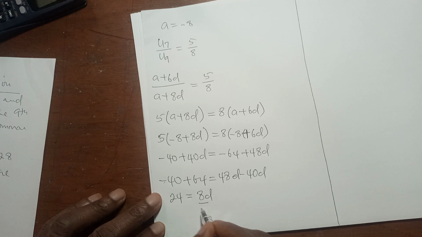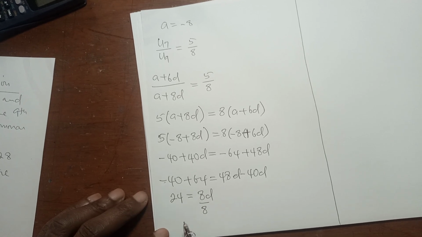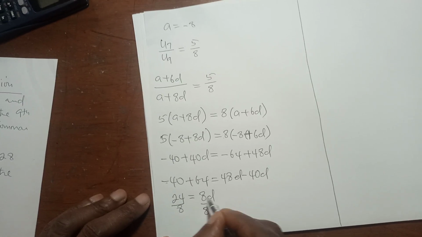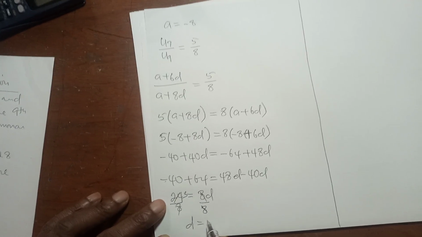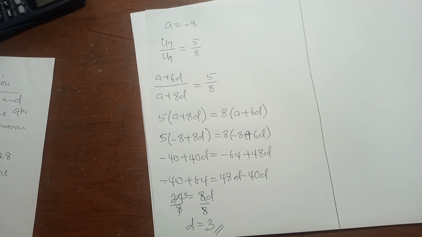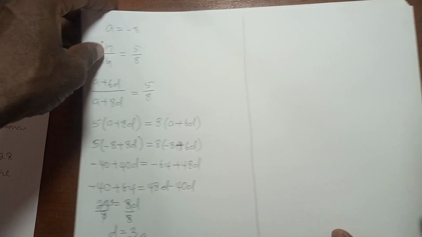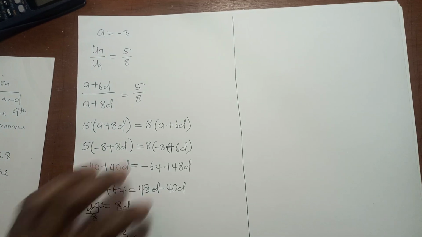So dividing all through by the coefficient of D, which is 8, this will give you 3. So our common difference here is equal to 3. Okay, so this is the first question.